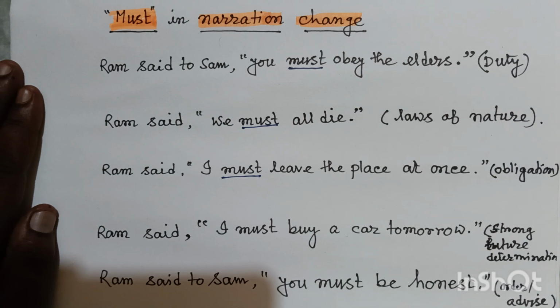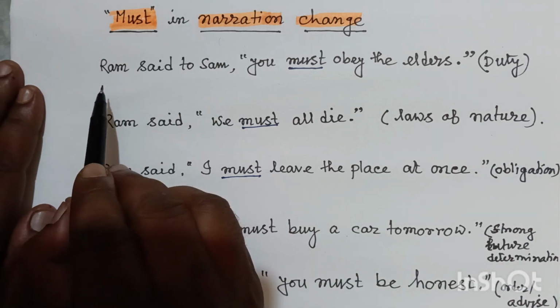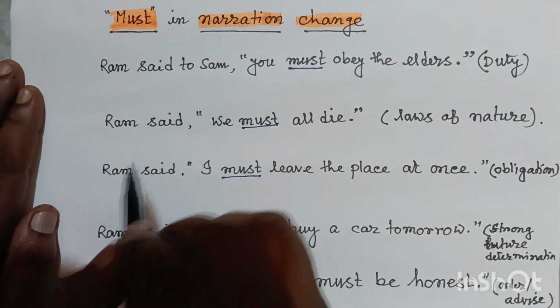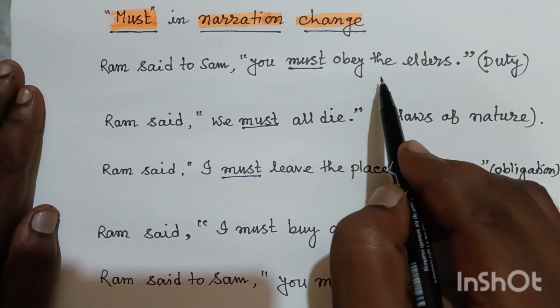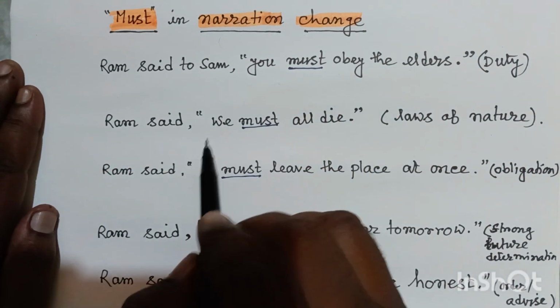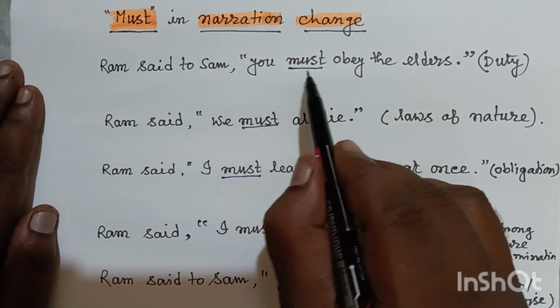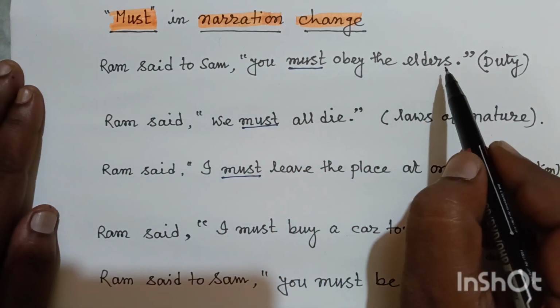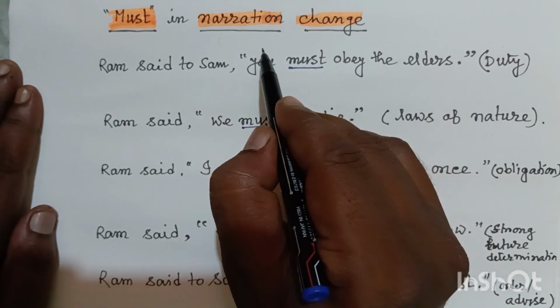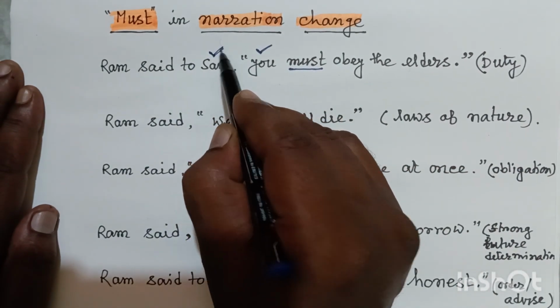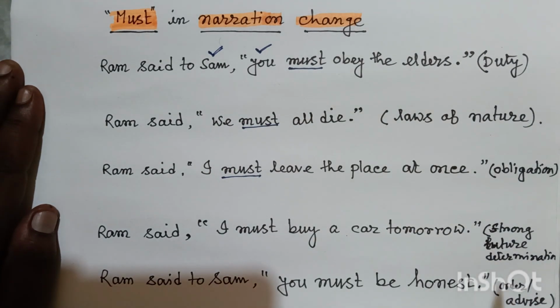First of all, you can see I have written one direct speech: Ram said to Sam, you must obey the elders. Friends, look at this. It is the duty of this speaker's listener.